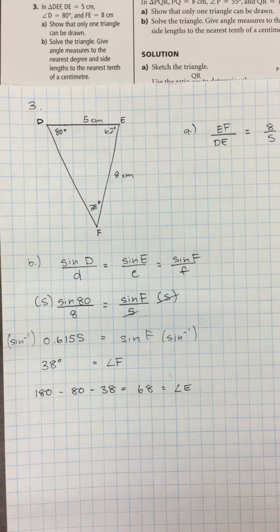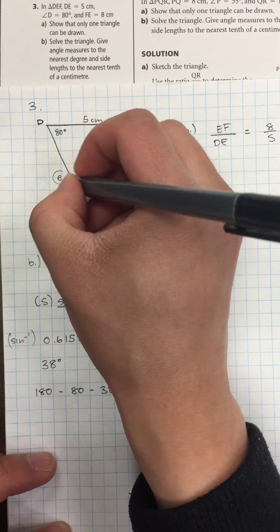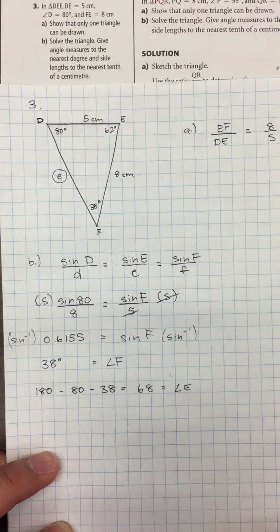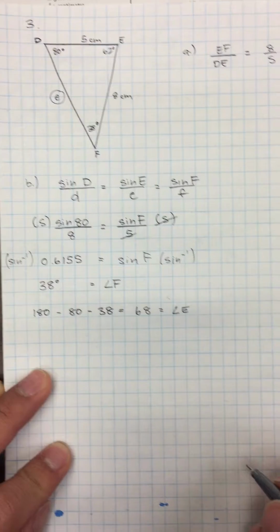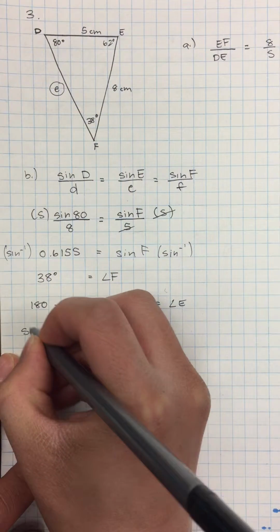So now all we need is side E. That's our last step. So I'm just gonna move my paper up a little bit. So let's set it up again.